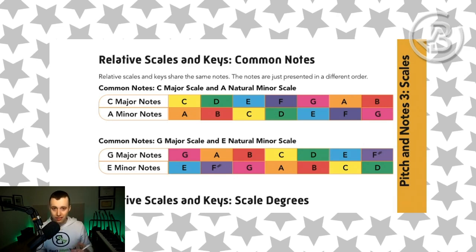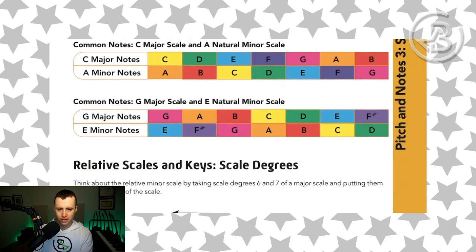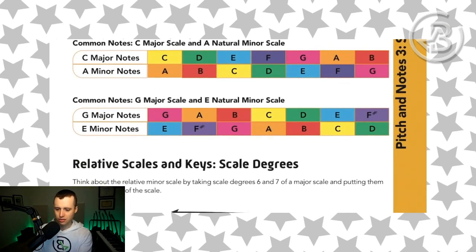So the relative natural minor scale, or the relative minor of G major, is E minor, or E natural minor for the scale. And we can see this connection play out because they both share the same exact notes.